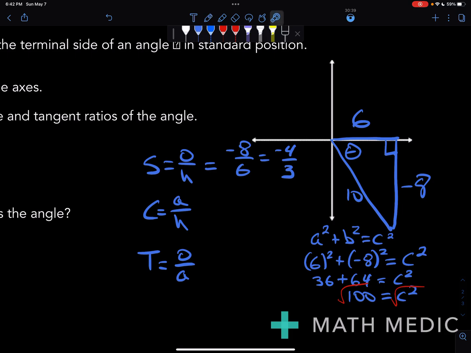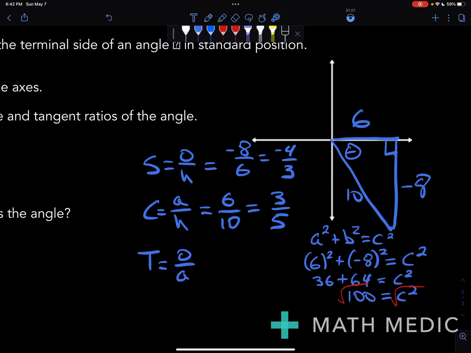Looking at cosine, adjacent to theta is 6. The hypotenuse is 10. We can divide top and bottom by 2, and we end up with 3/5.